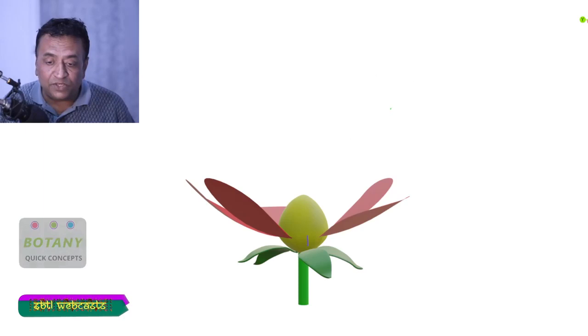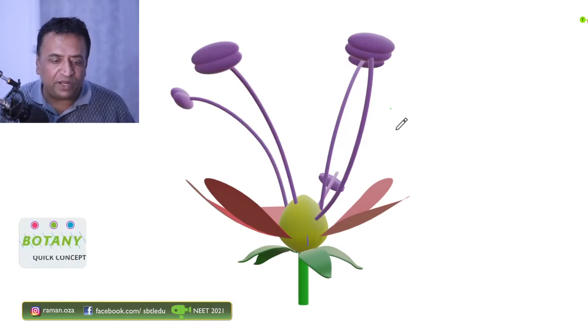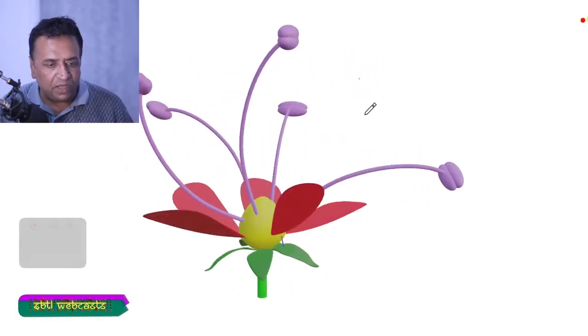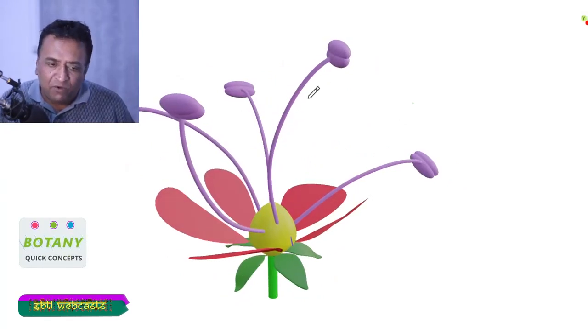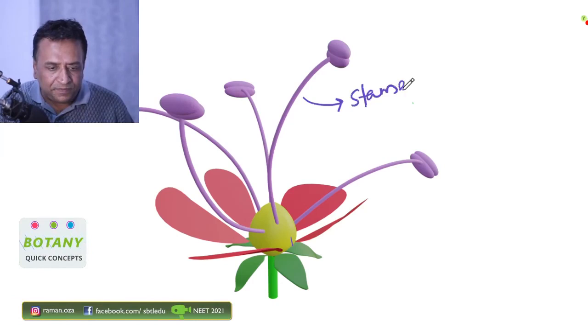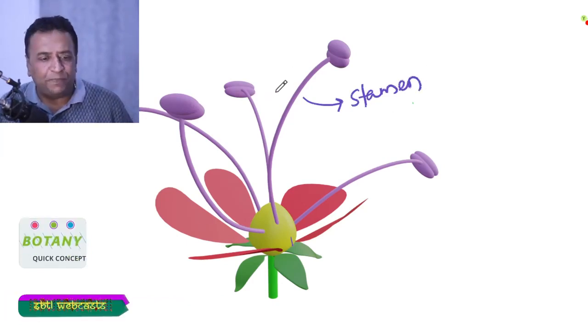And now let's go to the next floral whorl, and that is the male reproductive part of the flower, and that is androecium. A single member of androecium is called stamen, and this entire floral whorl is called androecium.